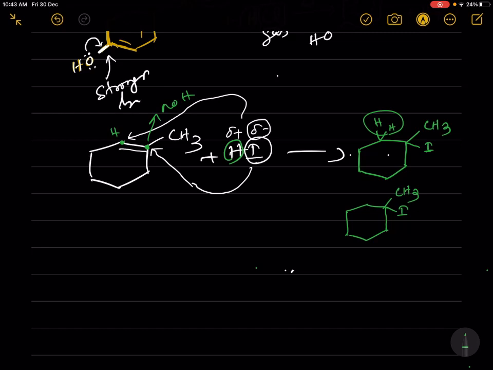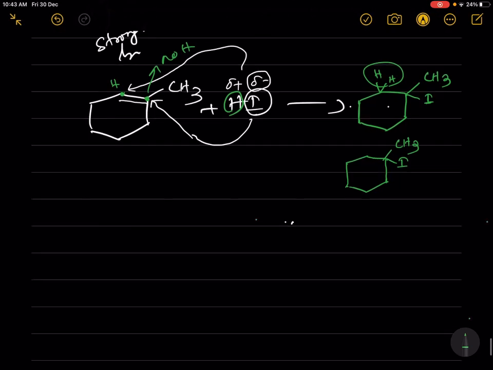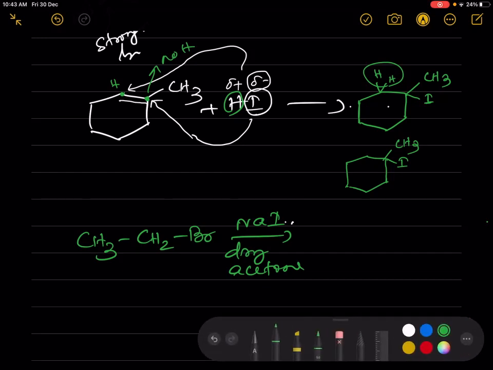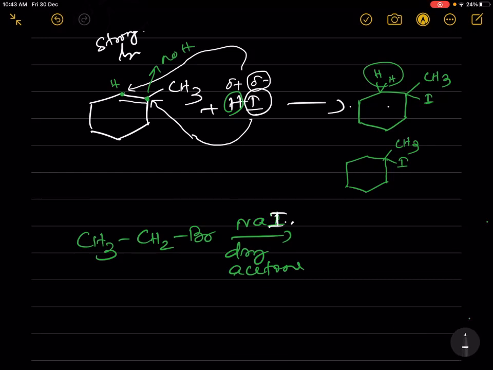Next, you take CH3CH2Br, treat with sodium iodide in dry acetone. Then iodine exchanges Br, and you are supposed to get CH3CH2I, and the NaBr so produced in dry acetone gets separated out as a precipitate.